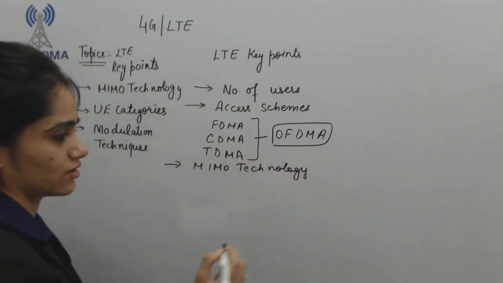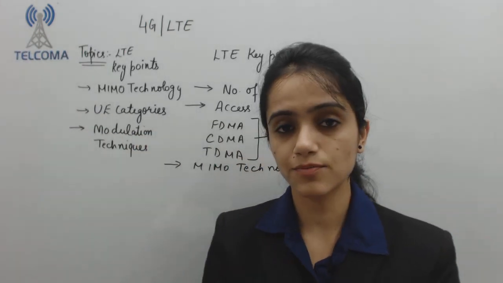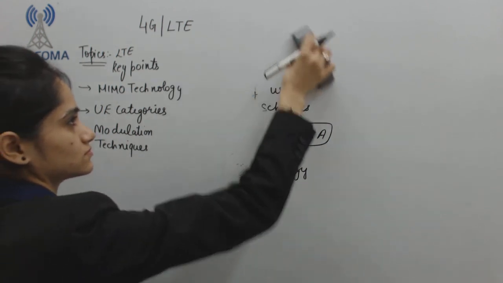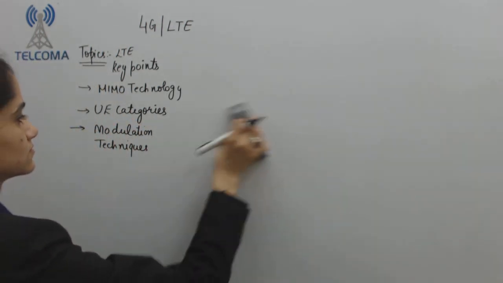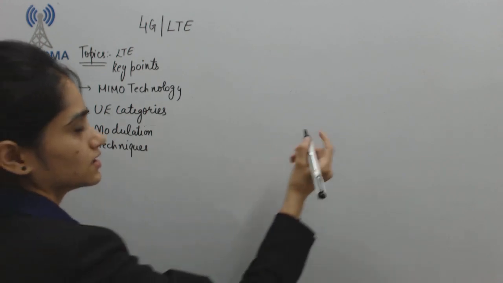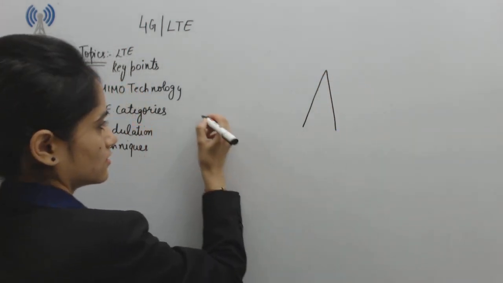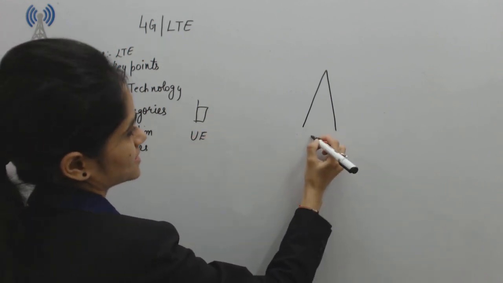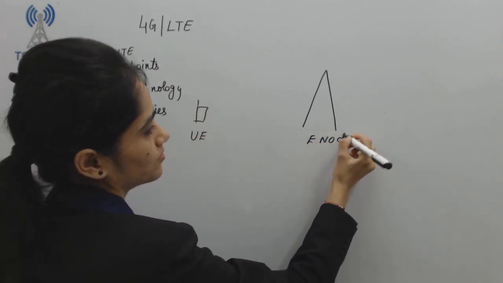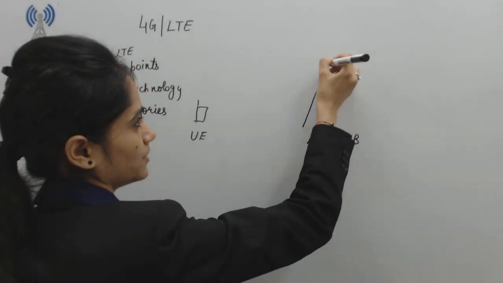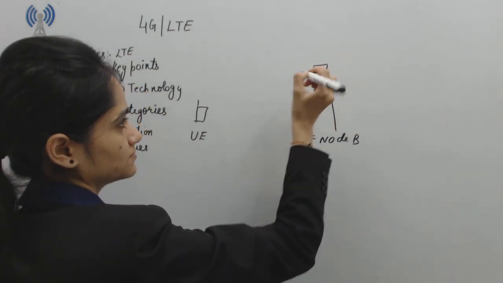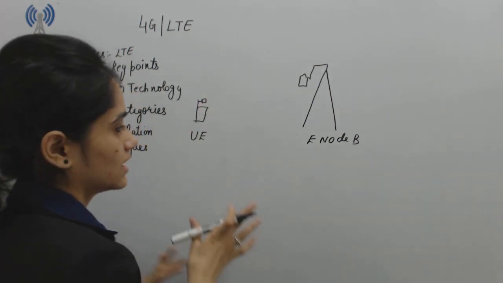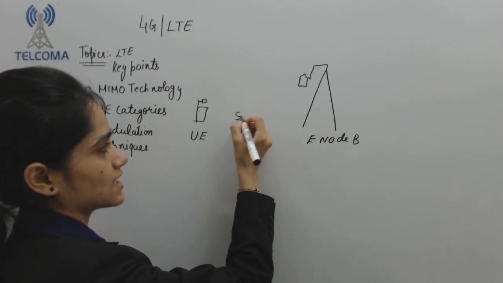Now, what is MIMO technology? MIMO stands for multiple input and multiple output. How does it work? This is the user equipment and this is the E node B. The E node B has one antenna and the UE also has an antenna.